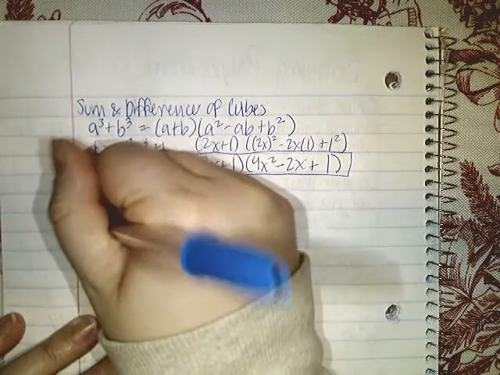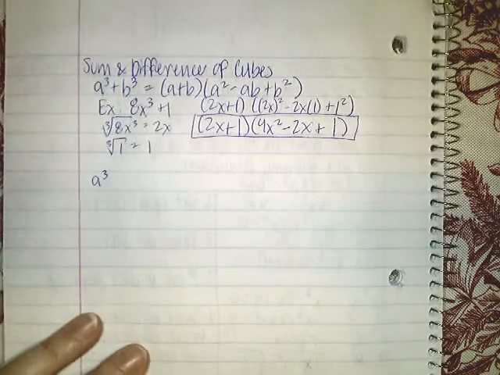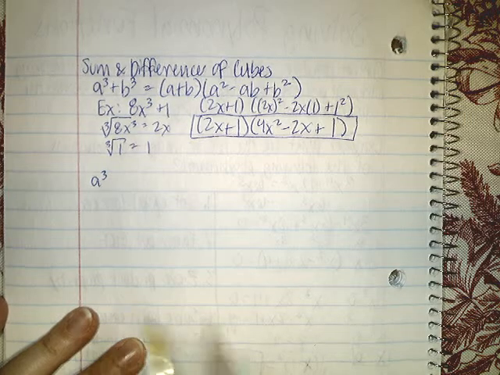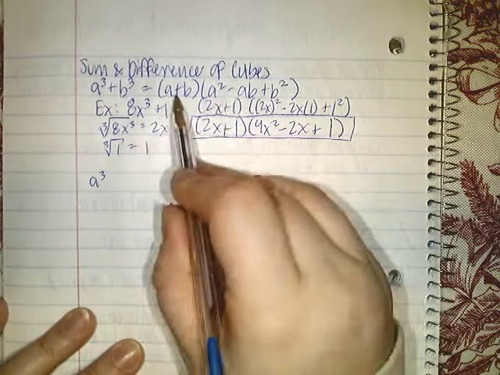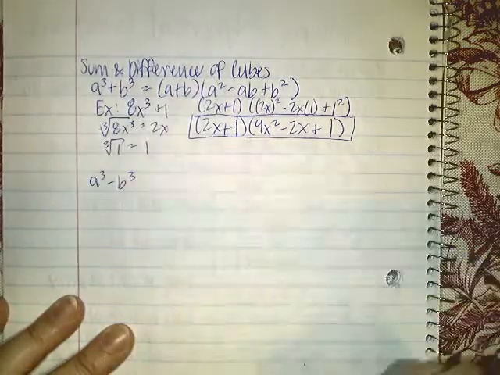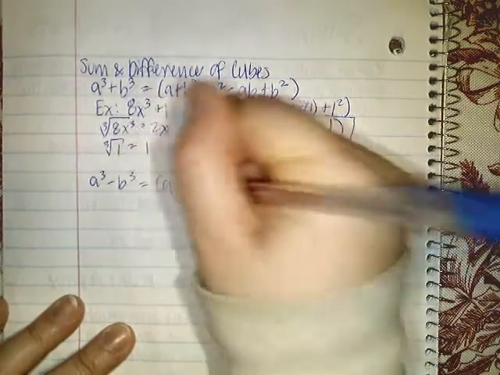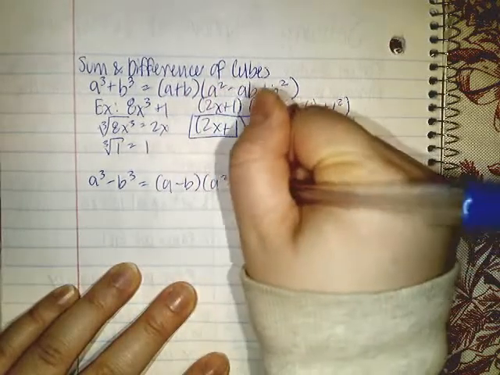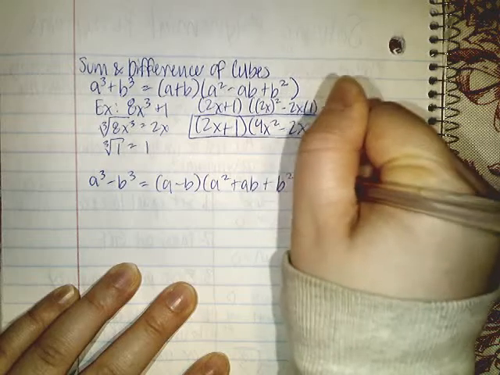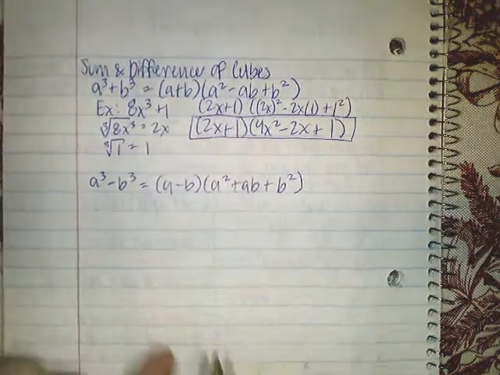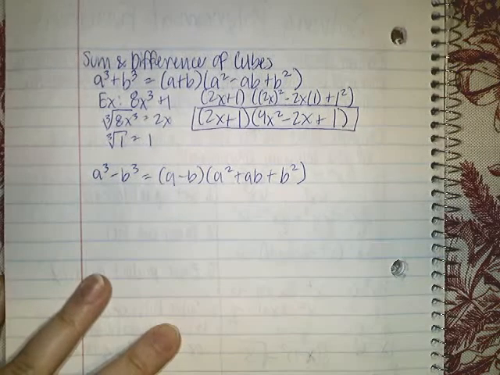The difference of cubes is pretty much the exact same thing. The only thing that is different is the middle sign here changes, and the middle signs here and here change. So a cubed minus b cubed is equal to (a minus b) times (a squared plus ab plus b squared). Again, the only thing that changes is the signs when you talk about the sum or difference of cubes.